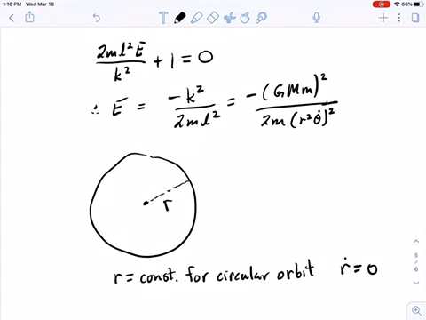But r dot must be equal to 0 for a circular orbit because r is constant, and that means the velocity v is equal to just r theta dot theta hat. Okay, so that means that I could write theta dot is equal to v over r.